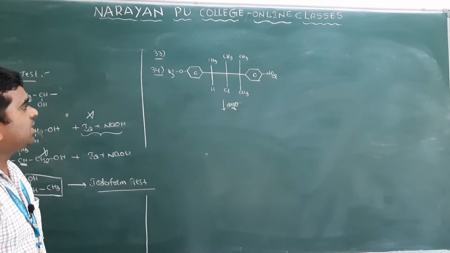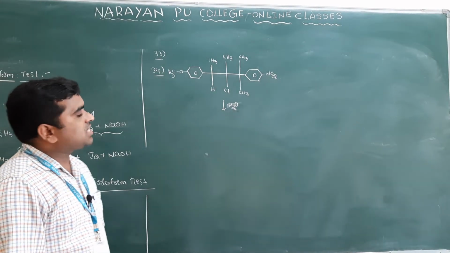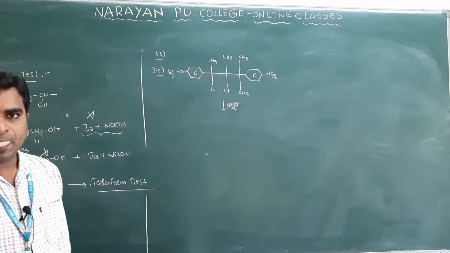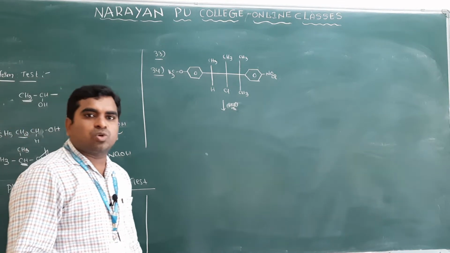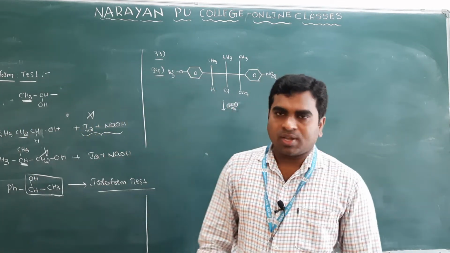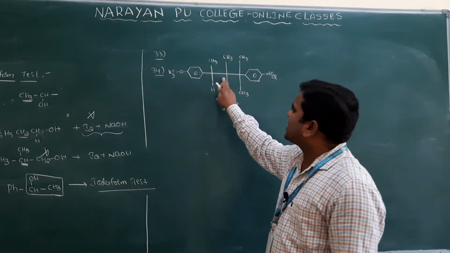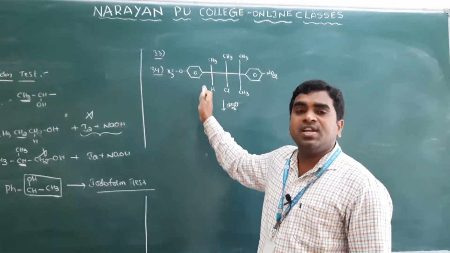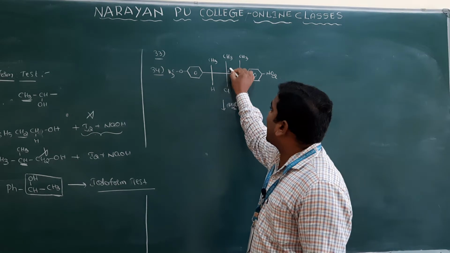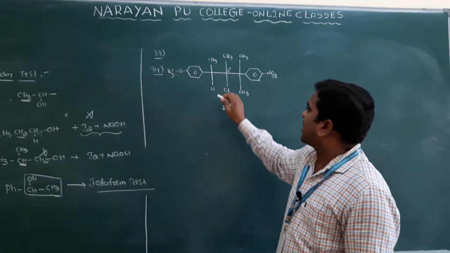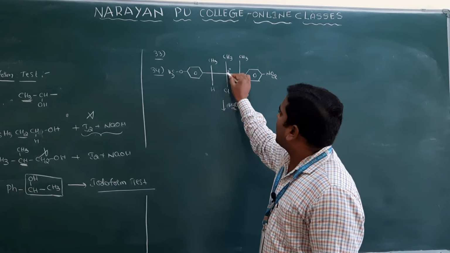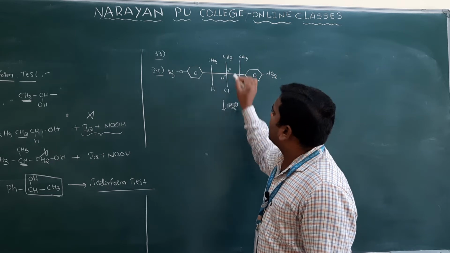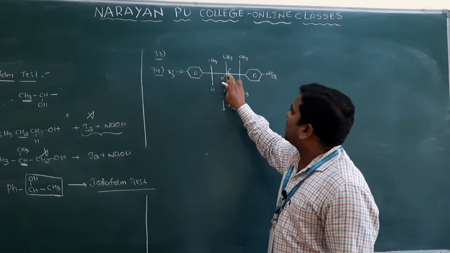They have not mentioned whether the reaction follows SN1 or SN2, so we have to take both possibilities. First of all, you know it is an alkyl halide and we are using a nucleophile. It is a secondary alkyl halide, because the chlorine is attached to a CH group.